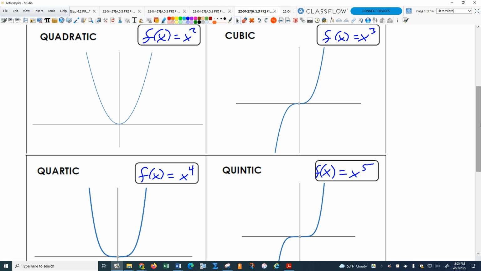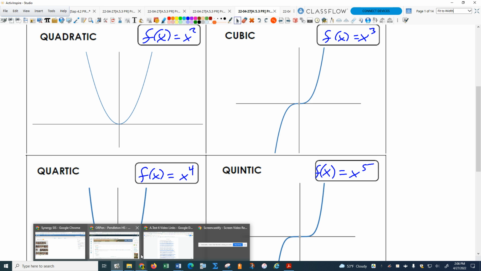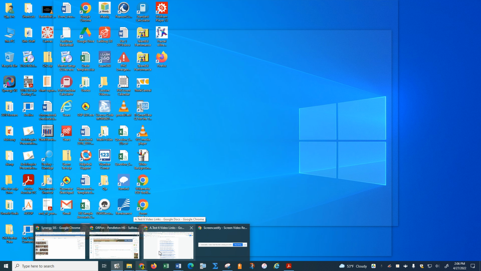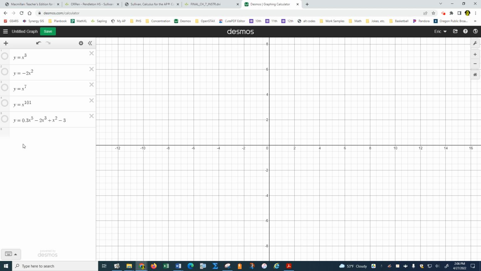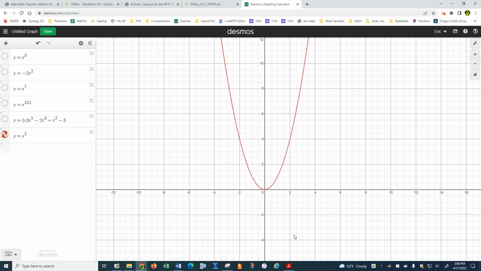If I were to go into Desmos, I'll just demonstrate what I mean here. If I look at even powers of x, like if I do y equals x squared, there's my classic parabola, right?